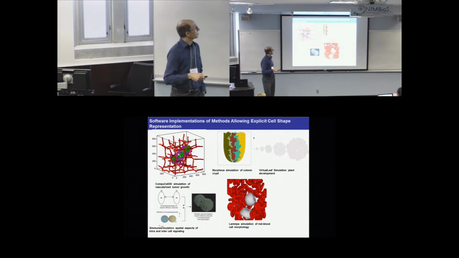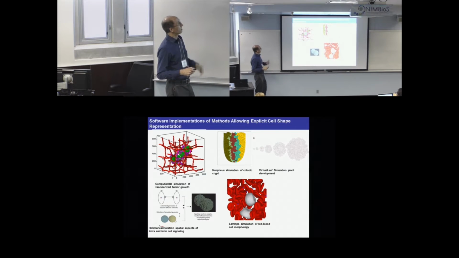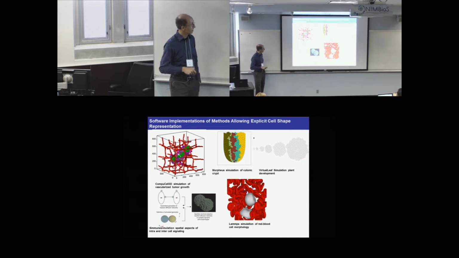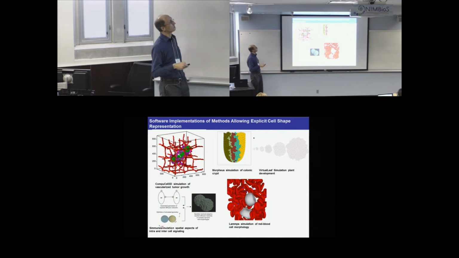So here we are, software implementations for methods which allow explicit cell shape representation. So cellular Potts model has 1 to 3 representations. CompuCell, Morpheus from Dresden. There is a Simune code which comes from NIH. And there is a tissue simulation environment by Roland Merks, but most of his code has been included in CompuCell3D.